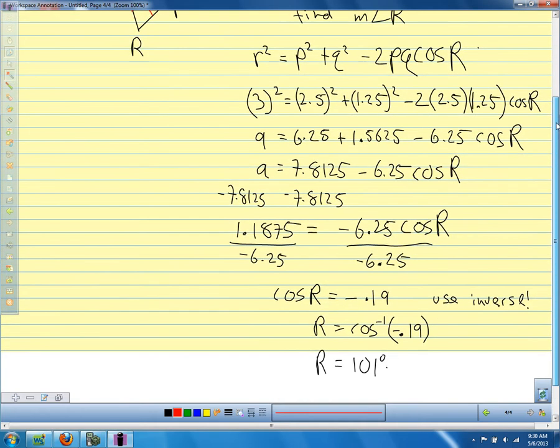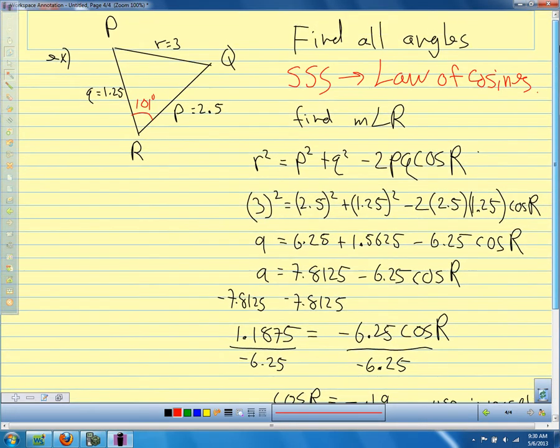And there are a lot of steps. So we're going to finish with the law of sines because now I have angle R and side R. So I can set up the fractions for the law of sines.